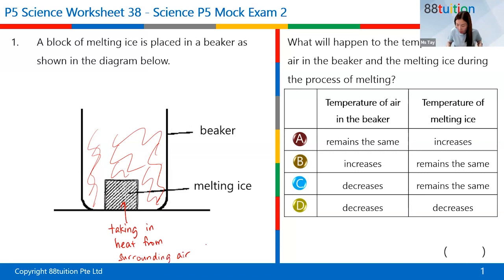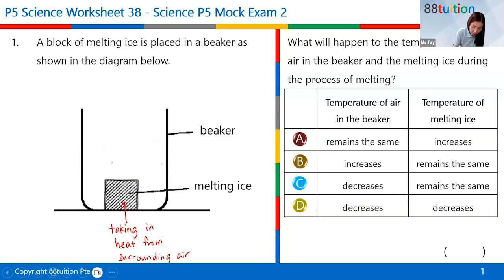air. If I erase all these curly lines, the heat will be moving in. I use these arrows to represent how heat is moving from a warmer place to a cooler place, right? Where is the warmer place?